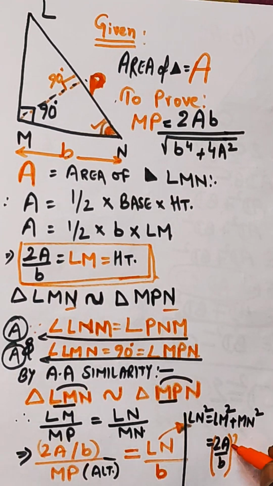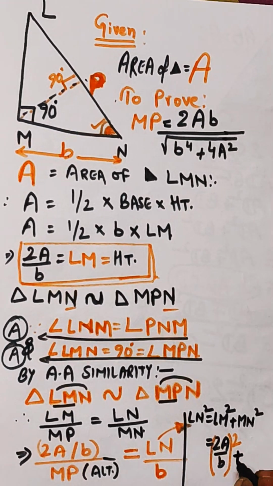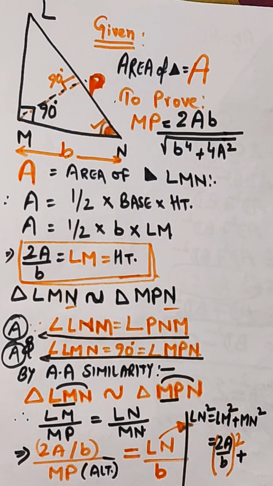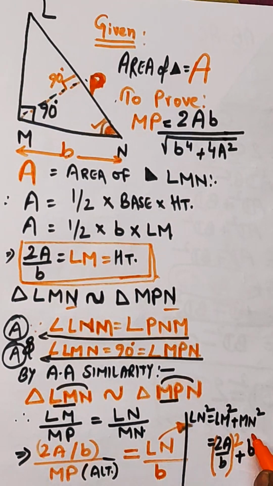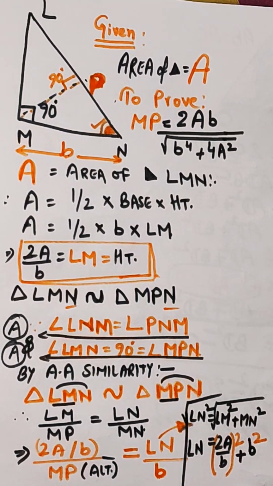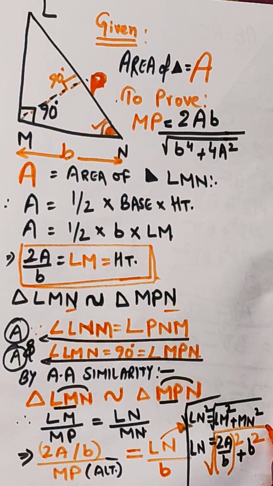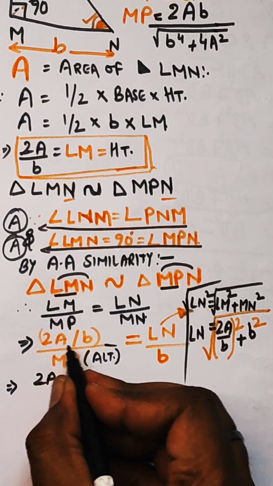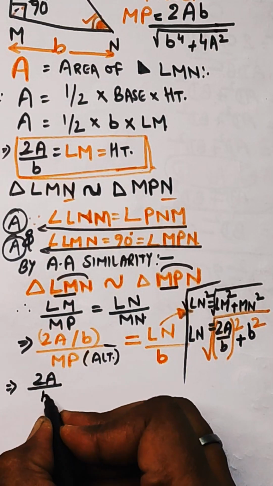Put the value of this into the RHS plus MN square. What is MN square? It's already given, small b whole square. So this is the length of LN square. When we take the square root on both sides of the equation, we get the length of LN as root over of (2a by b) whole square plus b square, right?